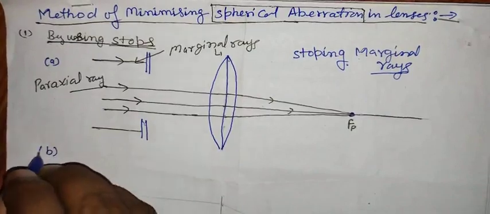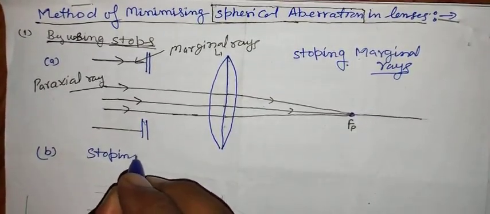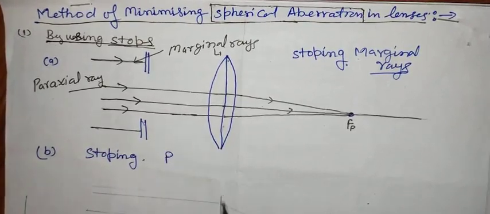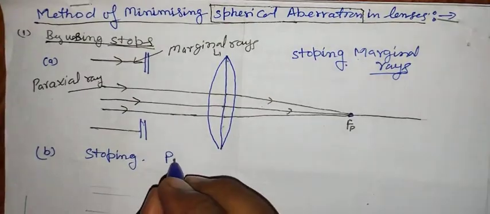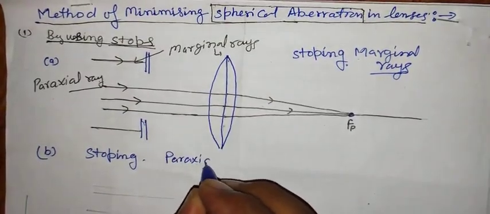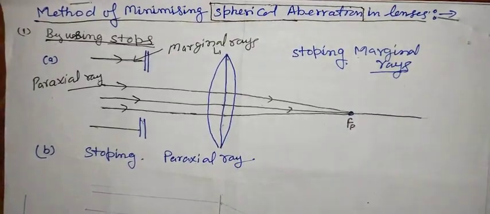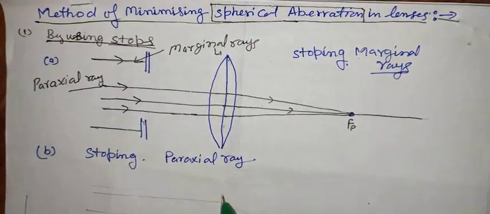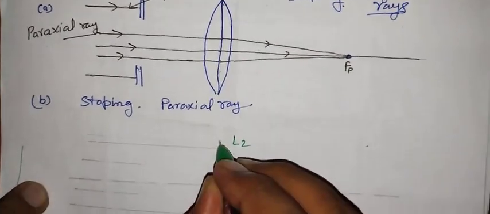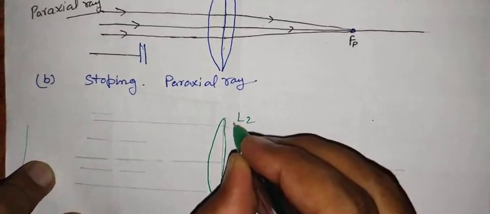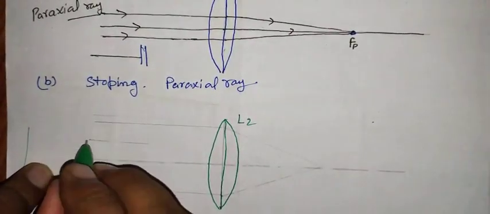In process B, we are stopping the paraxial rays. Here is a lens L2.